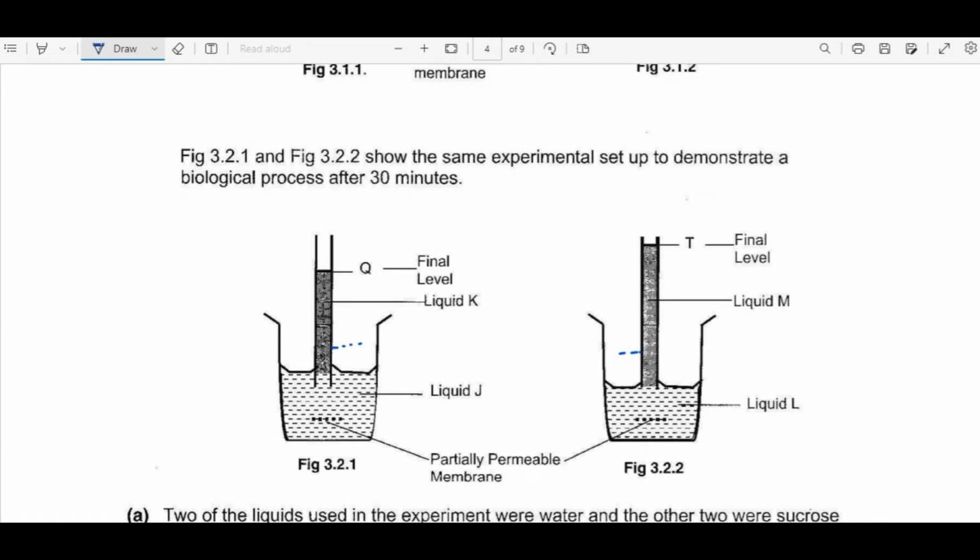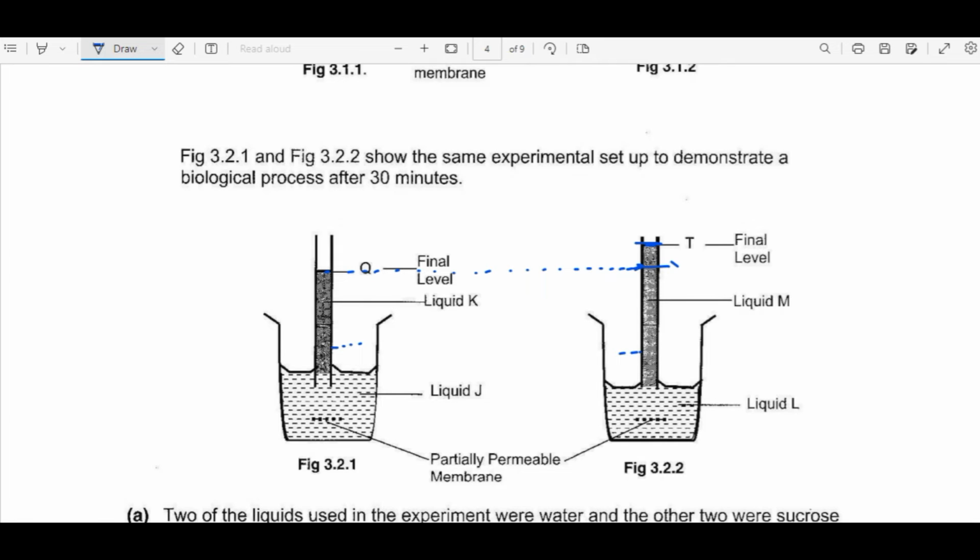So there is this process of osmosis. So we are dealing with osmosis. The difference between these two figures is that this one has risen more than the other one, and there should be a reason why there is a greater rise than this one.